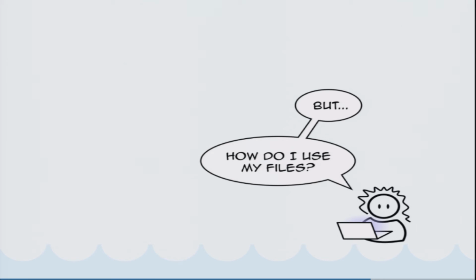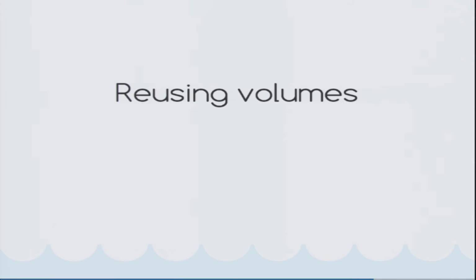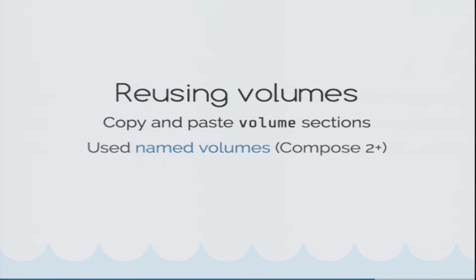How do we get the files onto that? Well, we can reuse the volume. We could copy and paste the volume section from our web container into the Drush container. But if we change one, it becomes a big mess, and we have to change it in multiple places, and we don't want that. We could use something called named volumes in Compose 2, but that's complicated. Most people are going to use volumes from.